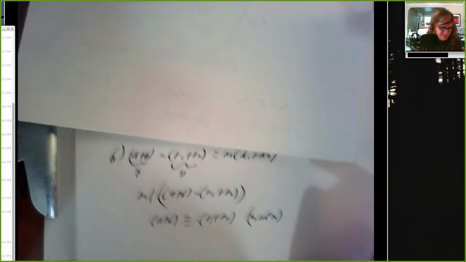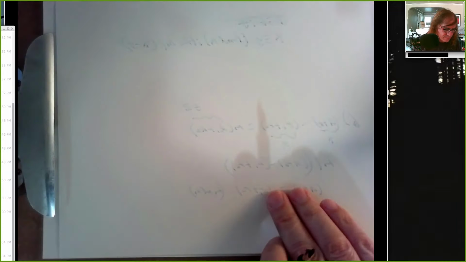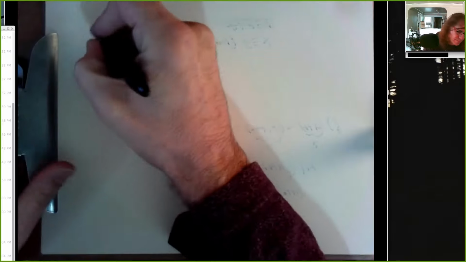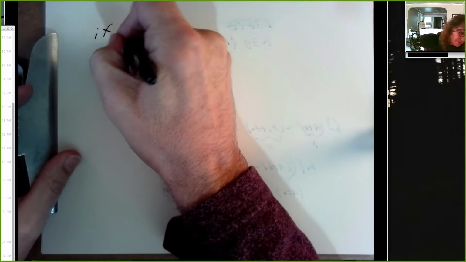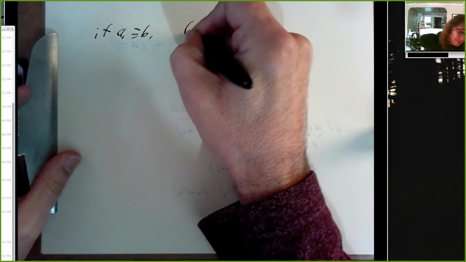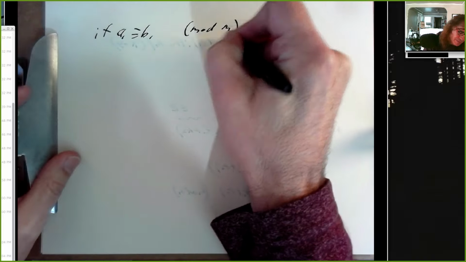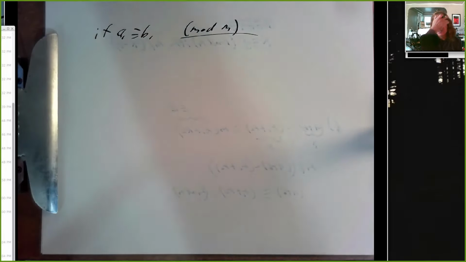And if A1 is congruent to B1, and I'm going to stop writing modulo M, everything's going to be modulo M for the next few minutes.